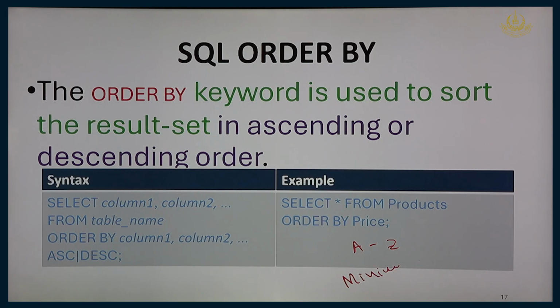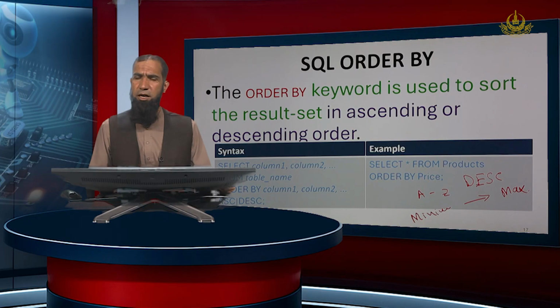And if we want to display from maximum to minimum, we give order by price, then descending, DESC. By default, it displays the values in ascending. We can use ASC, or without ASC by default it displays values in ascending order. This sorts the names from A to Z or from Z to A.